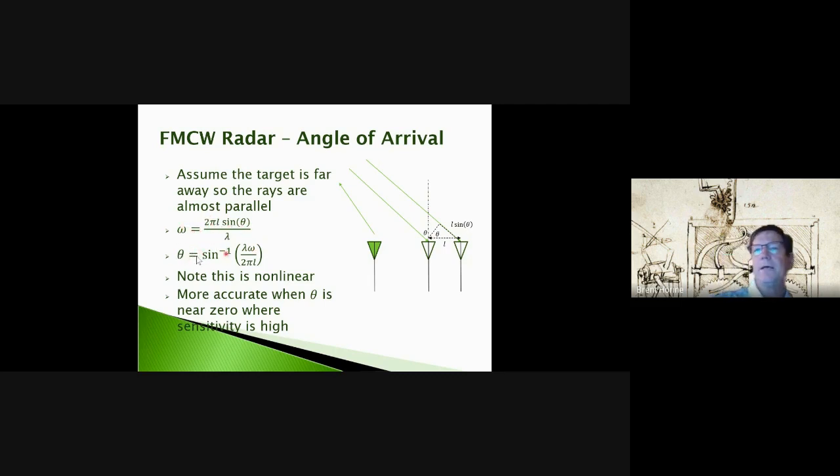So just solve for theta, and you end up with this in terms of an arc sine, inverse sine. So note that this is nonlinear. Before, everything was nice and linear. Now we've got this nonlinearity. So what are the implications of that?